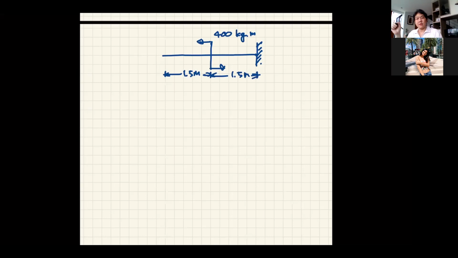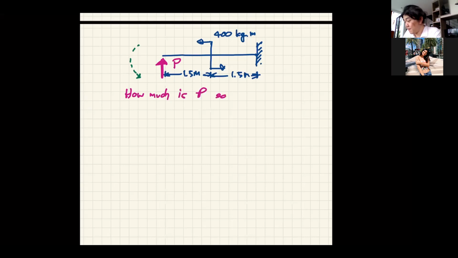Okay, so now you can see that if you have a beam like this, it tends to create a rotation in your structure, right? And it will force your structure to come down. Correct? So the question is, if I am going to put this load, P, so that the deflection at the tip of this beam is 0, how much is P?